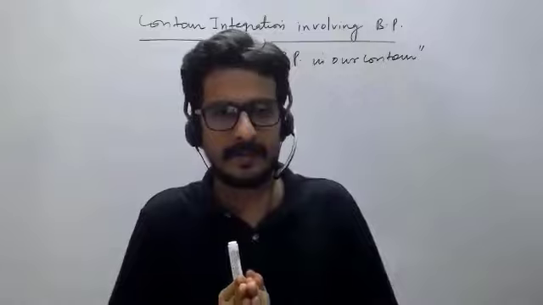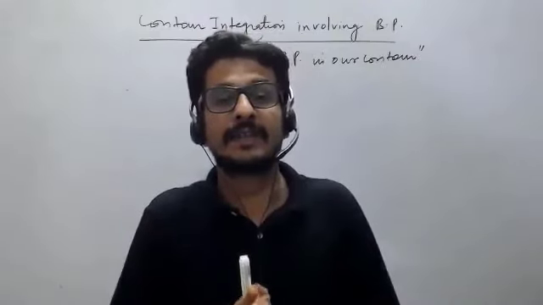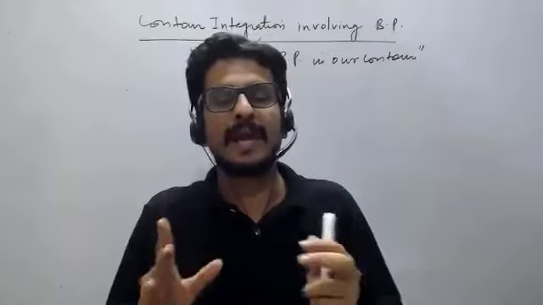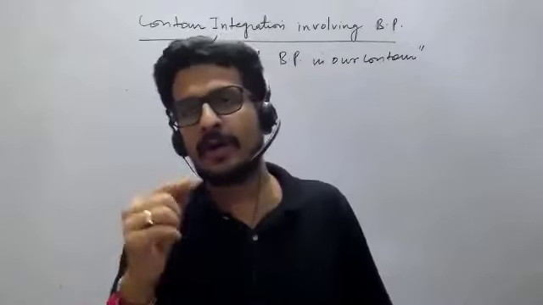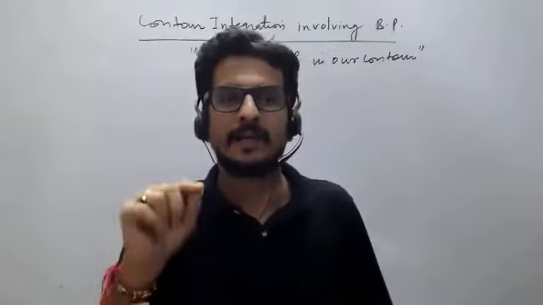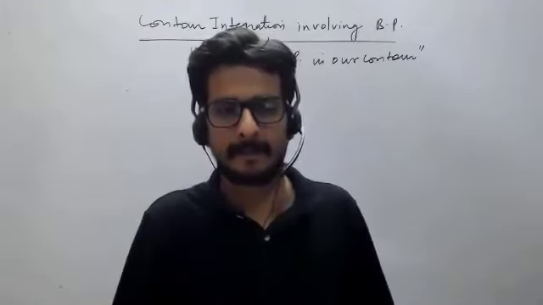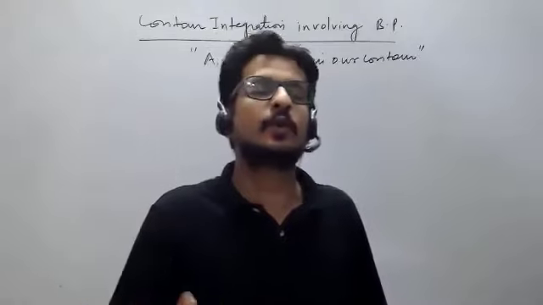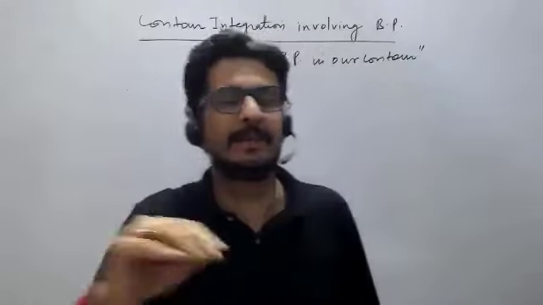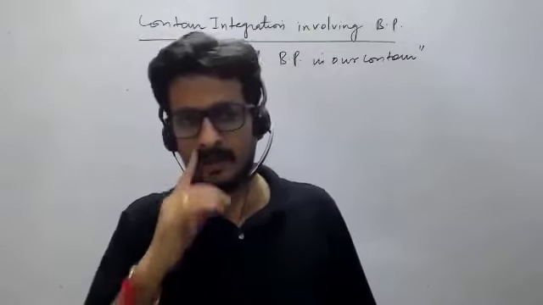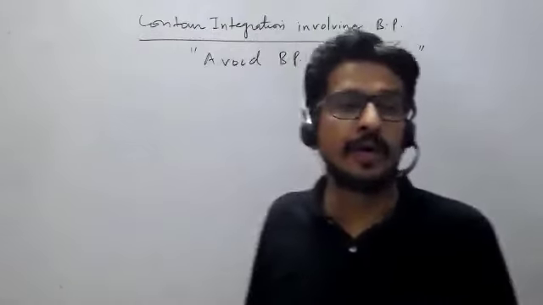So you have to make an intelligent substitution, like you did for 0 to 2 pi. You put mod z is equal to 1. Remember? Yes, sir. Then you took a semi-contour to make the limits minus infinity to plus infinity. That also you remember? Yes.